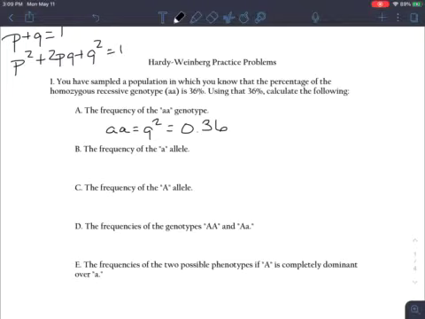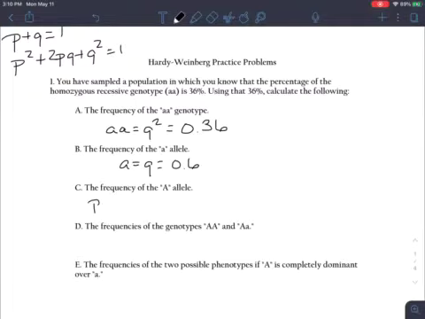What I want to know then is what the square root of 0.36 is. So I'm going to type that into my calculator, and that means that a, which is equal to q, is 0.6, okay?